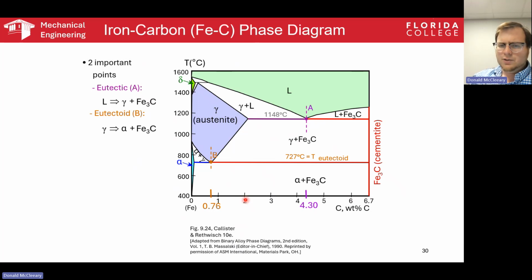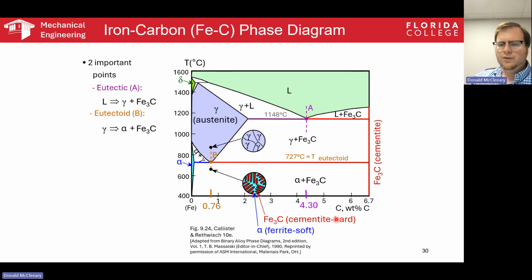So we're going from gamma to our alpha phase plus cementite. And then we get this really fun needle-like structure with a cementite, which is really hard, and our alpha is our softer ferrite. It's called ferrite.